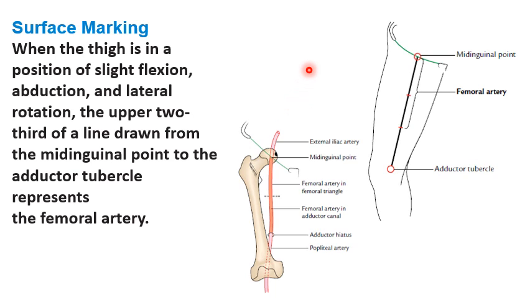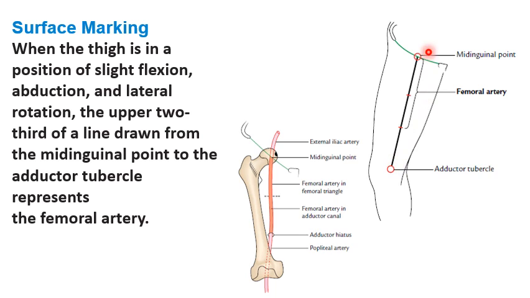Now coming to the surface marking of the femoral artery. The surface marking of the femoral artery is done when the thigh is slightly flexed, abducted and laterally rotated, so that we see the anteromedial aspect of the thigh, in which a line is drawn from the mid-inguinal point to the adductor tubercle.